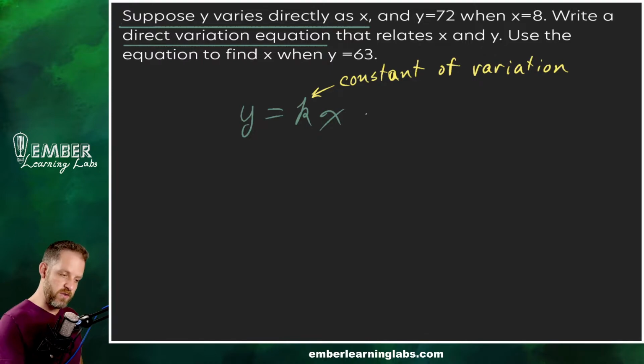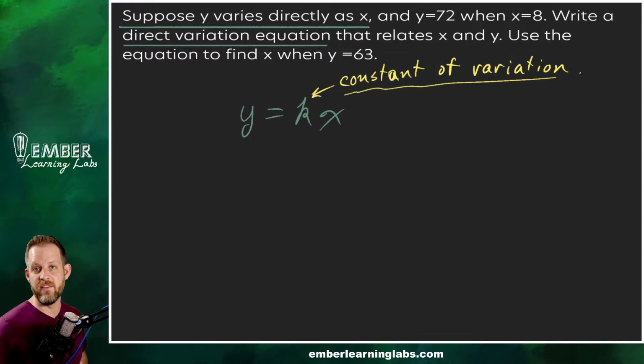Now, we're going to use these bits up here because we need to figure out what this constant is. We don't know, right? There's too many letters. We need to get rid of some of the letters.